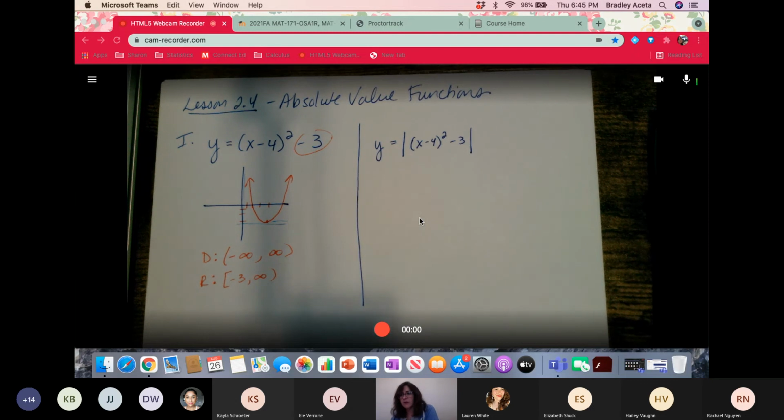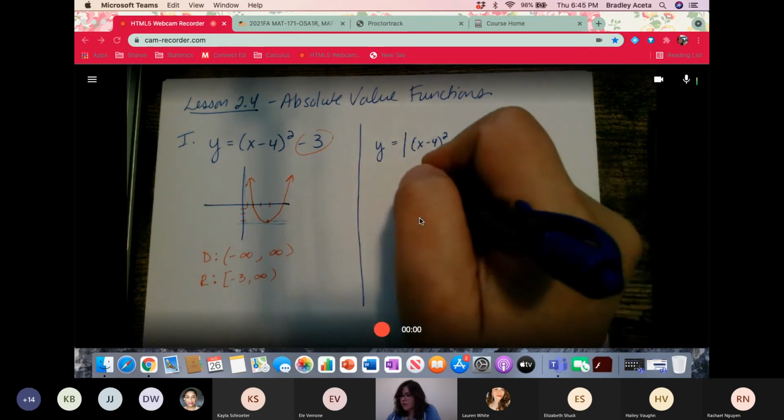When you put an absolute value around anything, like, what's the absolute value of 5? You'd be like, oh, 5. What's the absolute value of -5? And you'd still say 5. The absolute value function makes all these negative y values become positive, because everything would become positive.